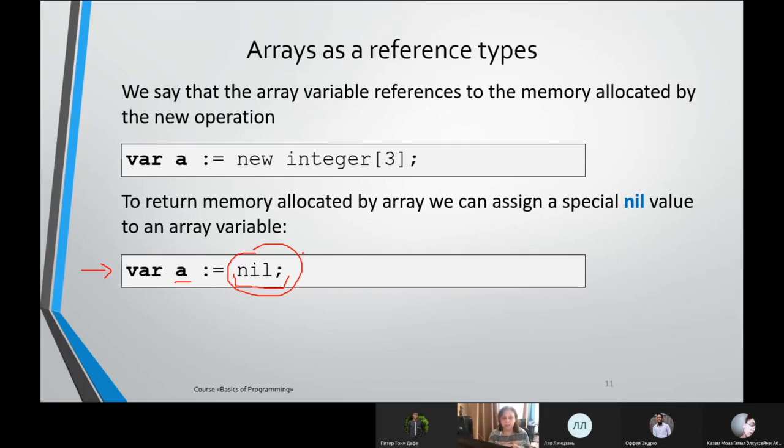But here, it is the nil, this nil constant. It is very common for C++ programming, for example. When we have C++ programming, we always must think of memory.